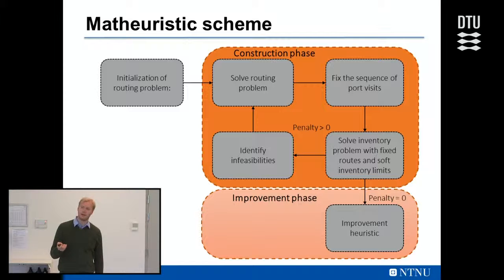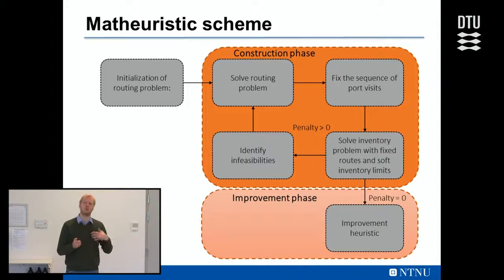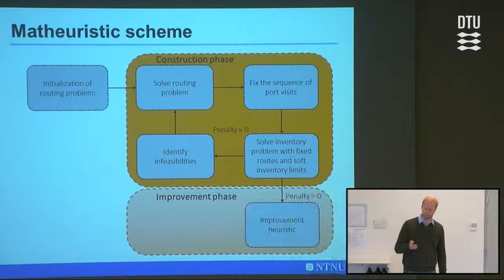If yes, then we have a feasible solution and we go to an improvement phase. If not, then we can identify where the infeasibilities are, and we can try to change the routing problem in a way so that we get a new routing solution that is hopefully better when we come back here.